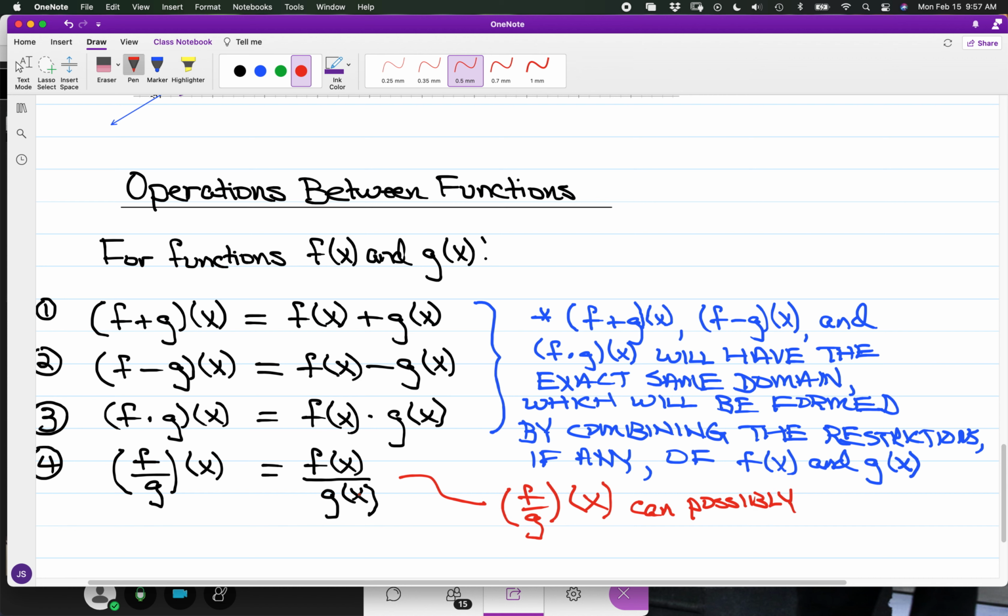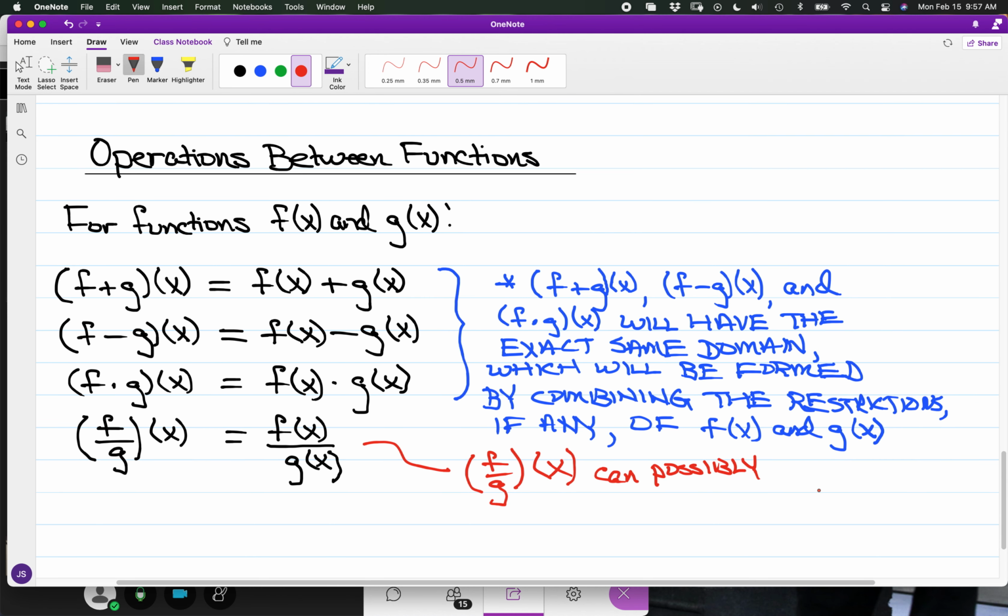That's because the first three operations do not have the restriction that g of x cannot be 0, whereas in the case of f of x over g of x, looking at it at face value, g of x is not allowed to be 0. So it's on this basis that f over g of x can possibly have a different domain.